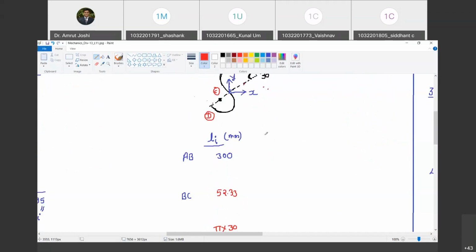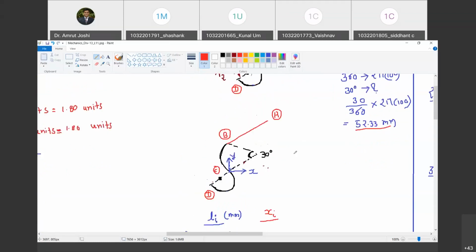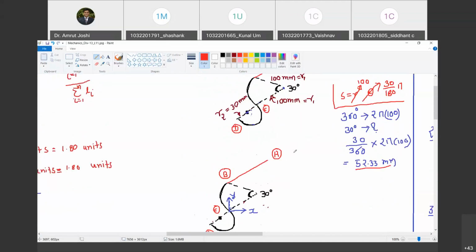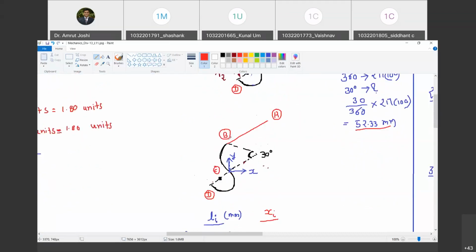Now let us calculate the distance of their centroids from the origin that we have chosen. Are you with me? Can you tell me how much will be this angle?